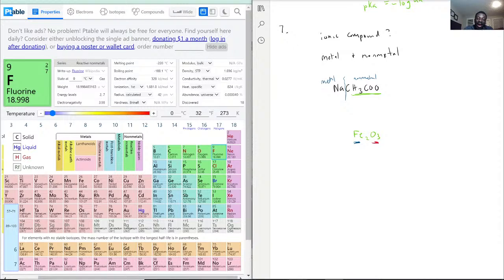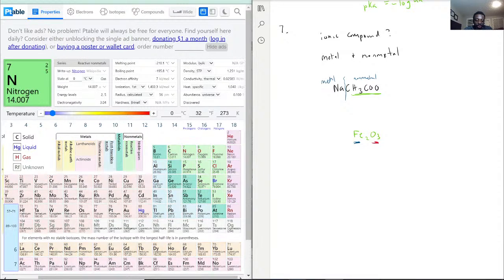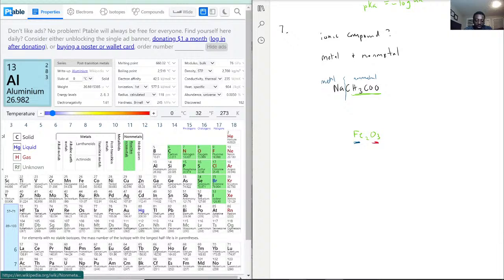The best thing to do is get familiar with the periodic table and know the cutoff for each type of non-metal, so you don't accidentally assign something to the wrong place. So these here are the non-metals you're typically looking for.